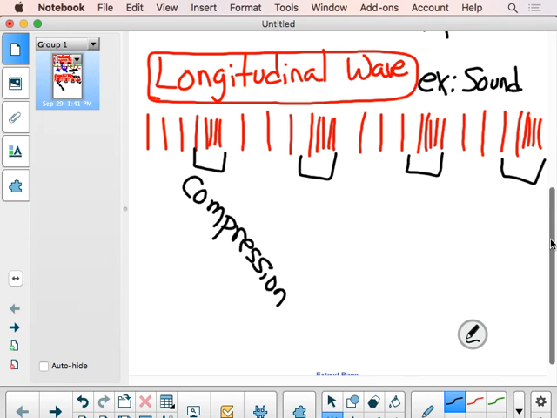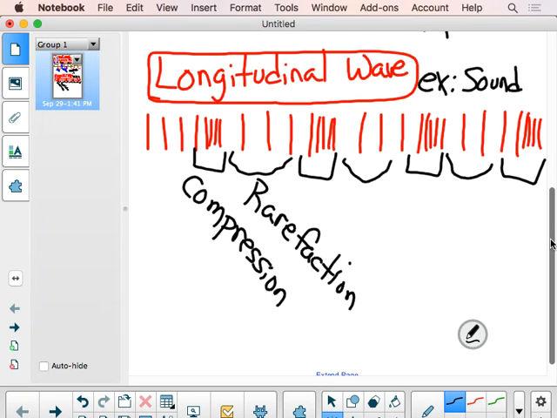Okay, over here, this part, that's called a rarefaction. So if you can see the wave, it goes compression, rarefaction, compression. In other words, close together, far apart, close together, far apart. And we're going to do this today. Okay, who's got a question?